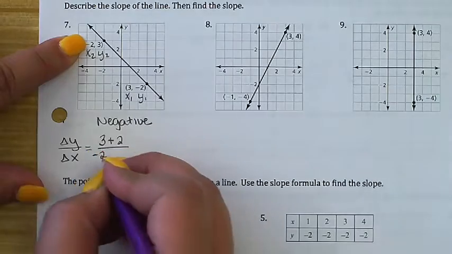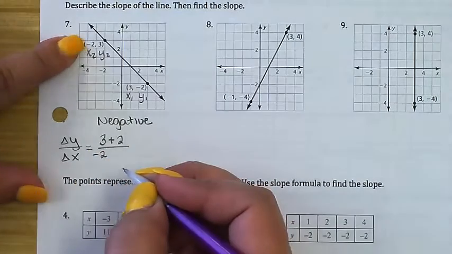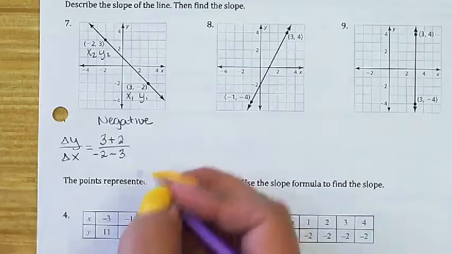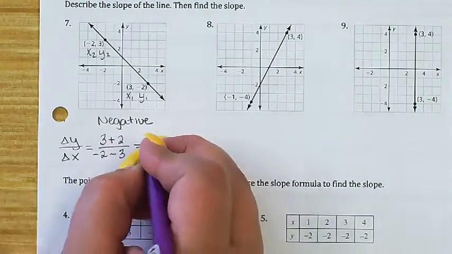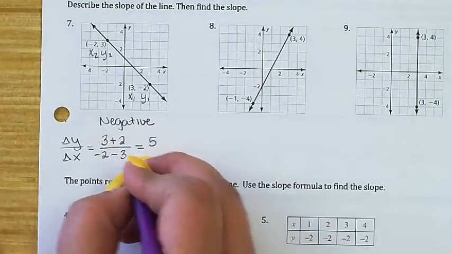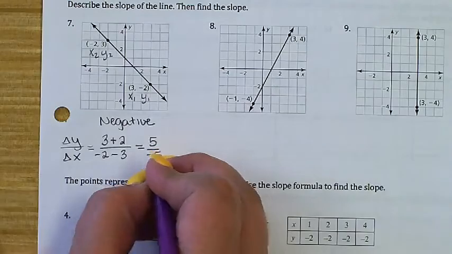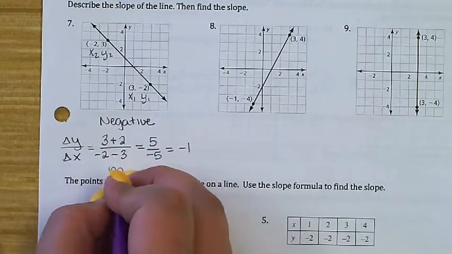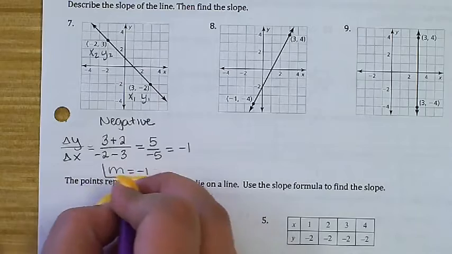I need to just be consistent on which point I start with. So that'll be negative 2 minus, and then we have a 3 down there. Okay, well, 3 plus 2 is 5. Negative 2 and negative 3 is negative 5. And 5 over negative 5 is just negative 1. So our slope here is negative 1.